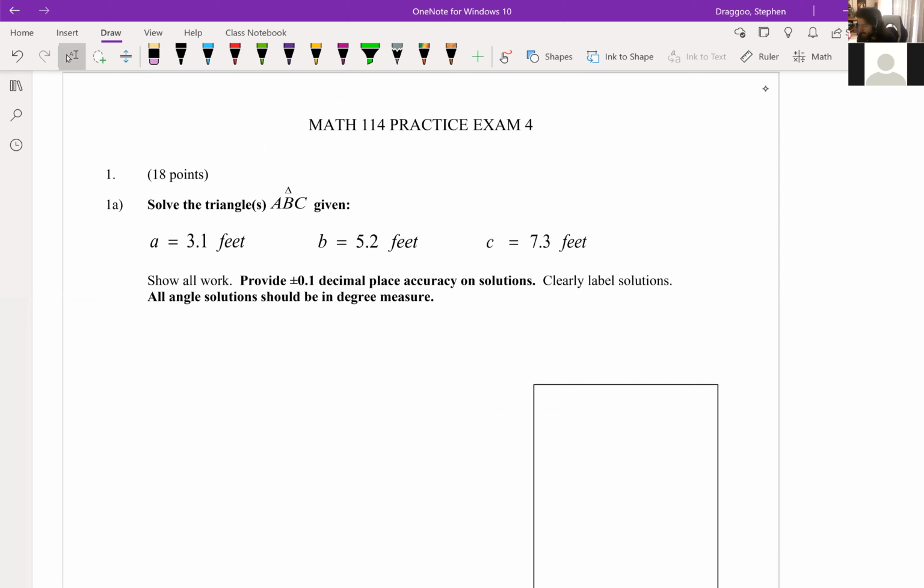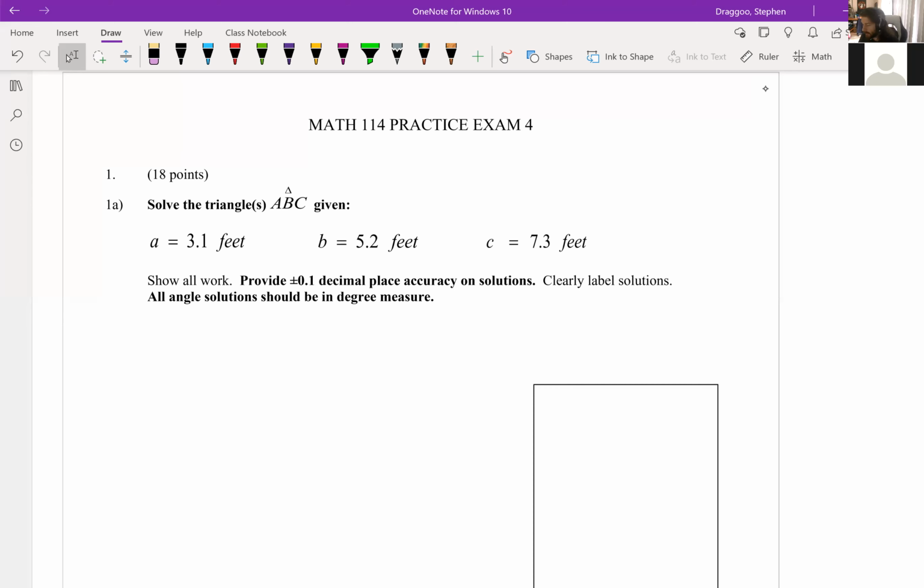Now, I think I've given out the hint before that anytime we start with three sides and we have to solve for our angles, we should always solve for the largest angle first, which means solving for the angle that's opposite the largest side. Since if there is an obtuse triangle or an obtuse angle, that being an angle that's larger than 90 degrees, the law of cosines is going to pick that up because a cosine inverse can give us an answer that's in the second quadrant, whereas sine inverse only gives us answers that are in the first quadrant.